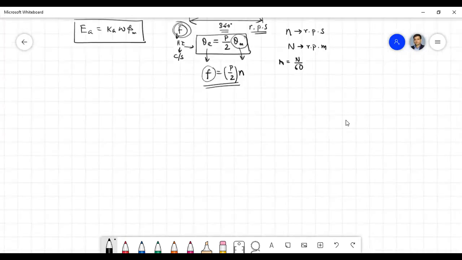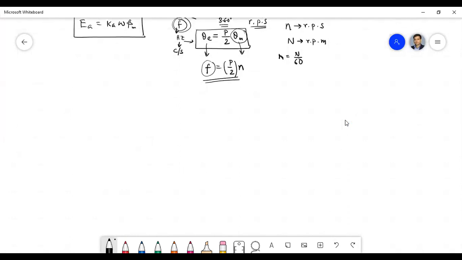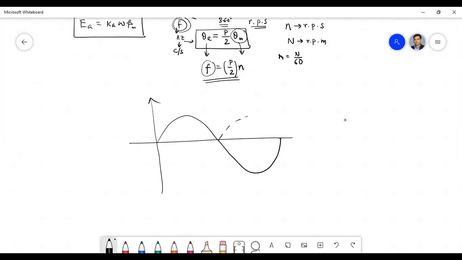Okay, so today we'll discuss how we'll implement that. Actually we have already assumed that the sinusoidal voltage waveform we are producing like this, and we have made it rectified like this. So if this is EM, we are basically rectifying that. How will we implement this, how can we make the sinusoidal voltage waveform like this?